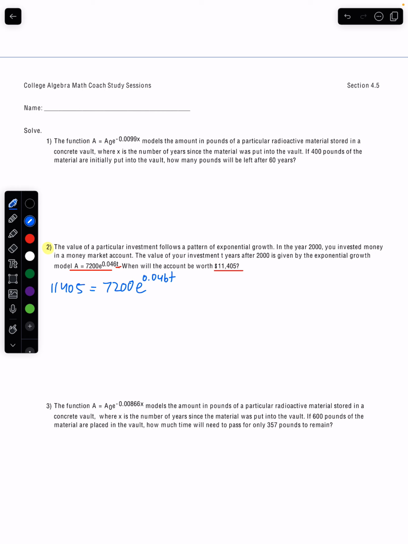Perfect. Let's try and get T by itself a little bit more. We'll divide both sides. That cancels out. And then we'll take the natural log of both sides.